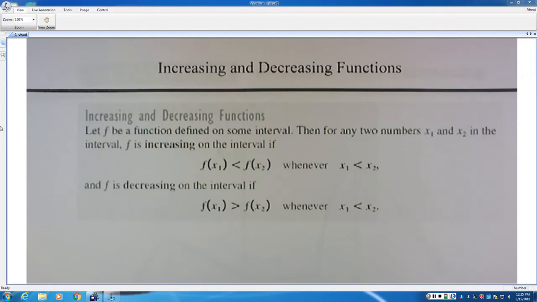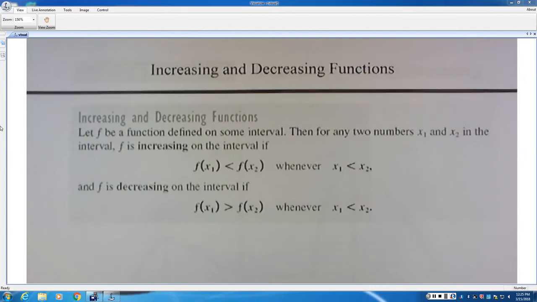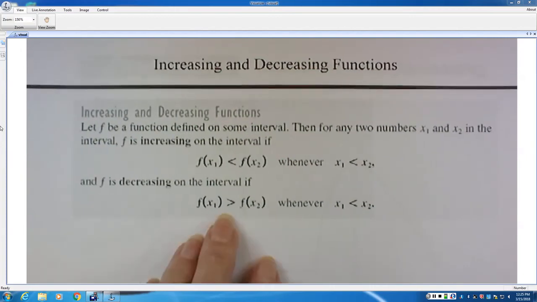Now those basic ideas should make sense to you because of what you do know about slope. This is the formal definition. This is the math language for everything I just said. I just tried to put it in English for you.